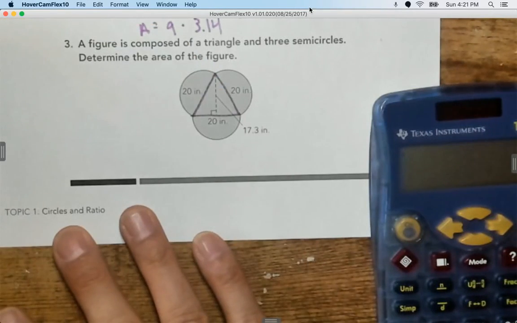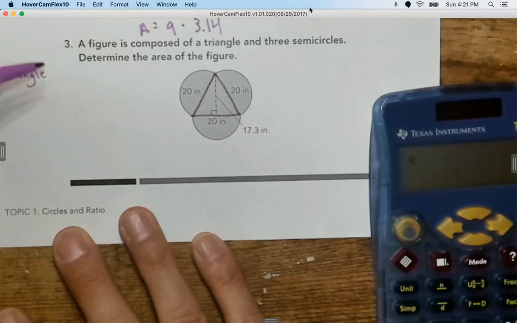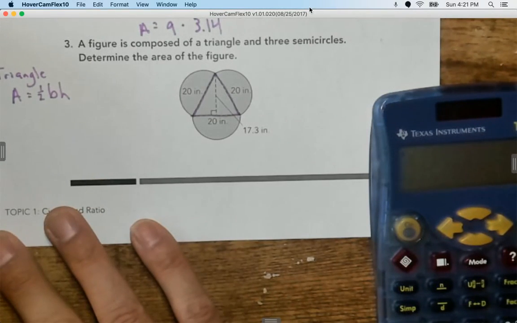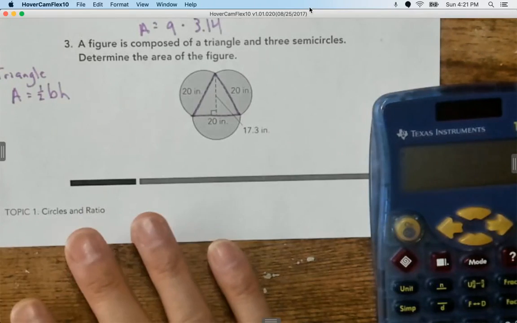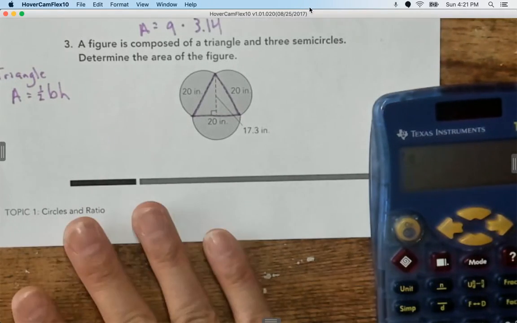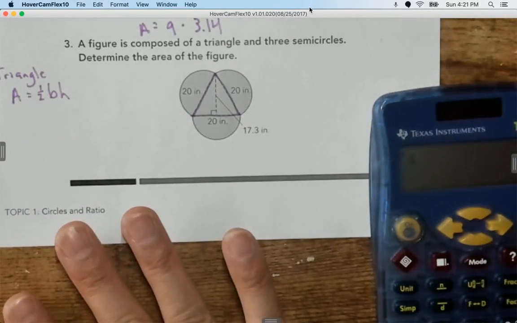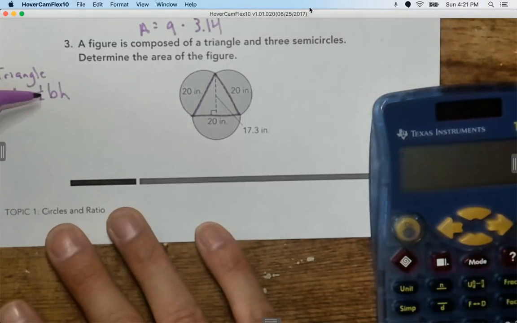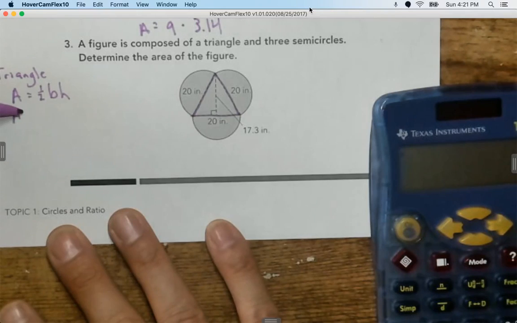For the triangle, I know a triangle is 1/2 of the base times the height, because if I took a rectangle and cut it diagonally, I'd get 2 triangles. Two triangles can form a parallelogram or a rectangle, so it'd be base times height, but it's half of that.